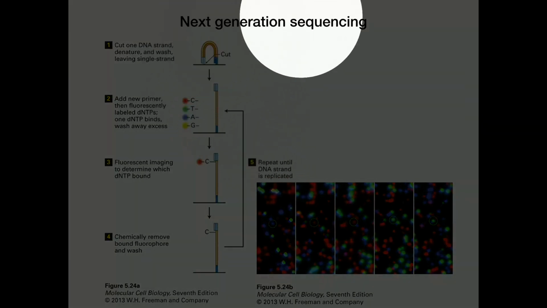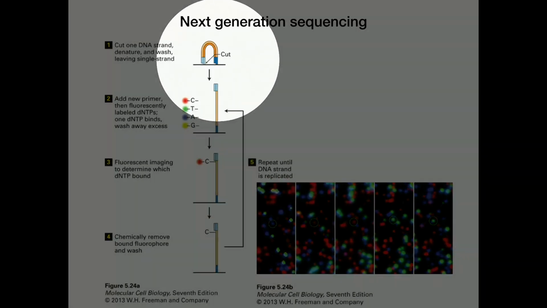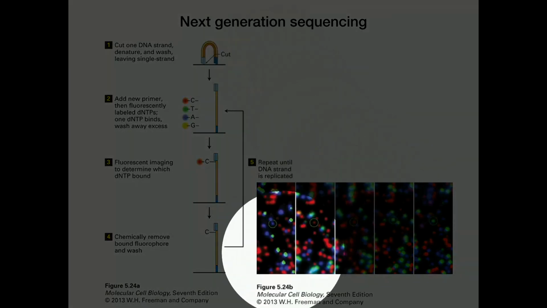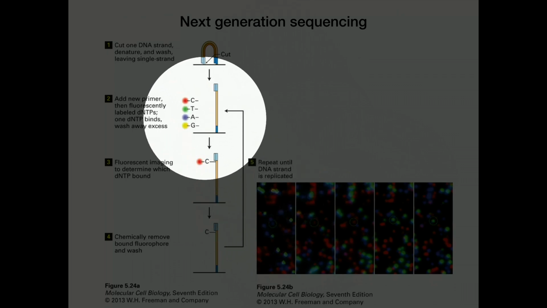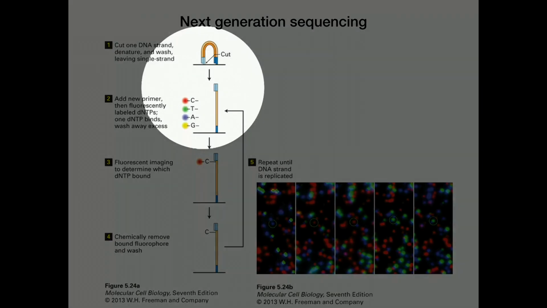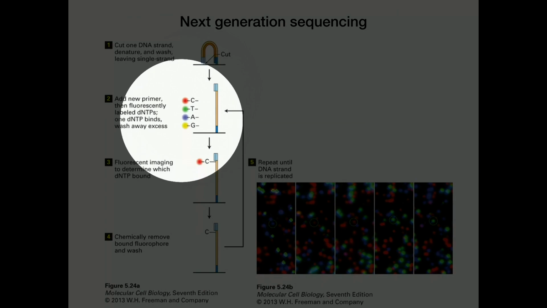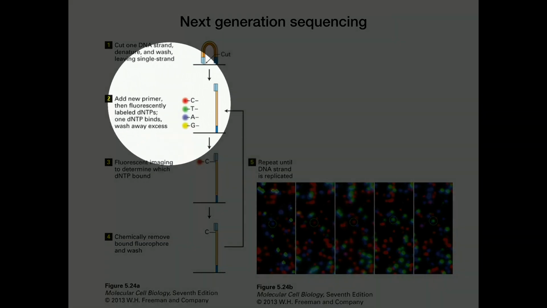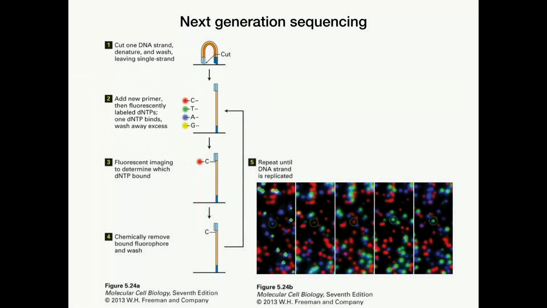And so in next generation sequencing, your template DNA is attached to a solid substrate, immobilized on some type of substrate. And then you add each of the 4 nucleoside triphosphates. In this case, they're labeled with a dye such that each one is a different color.